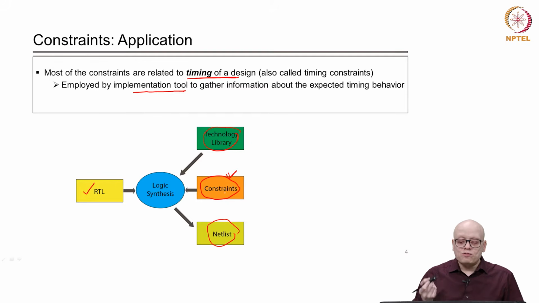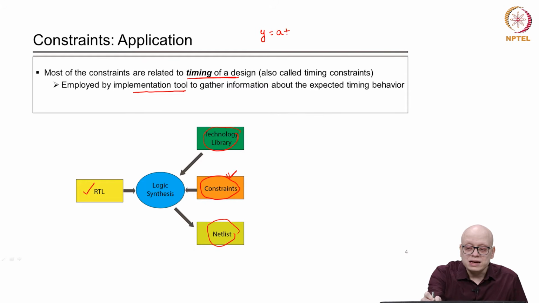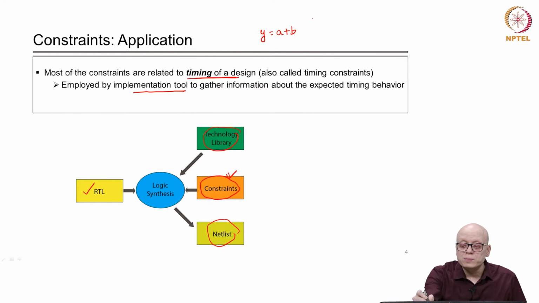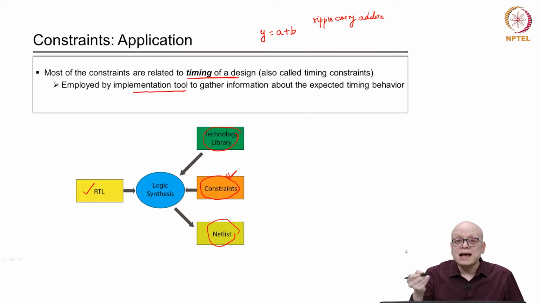But so, for example, suppose we are writing an operation like y is equal to a plus b, right. Now, the plus operator can be implemented in many ways. For example, it can be implemented using say ripple carry adder, or it can be implemented using carry look ahead adder.